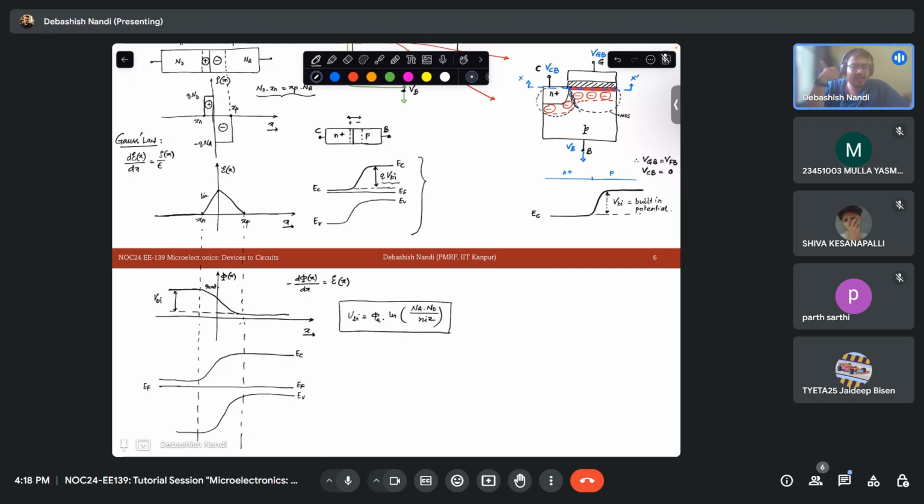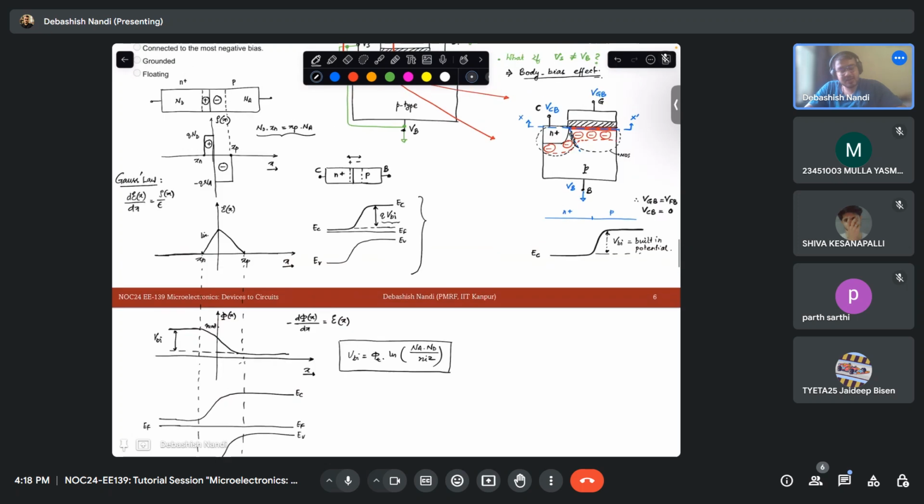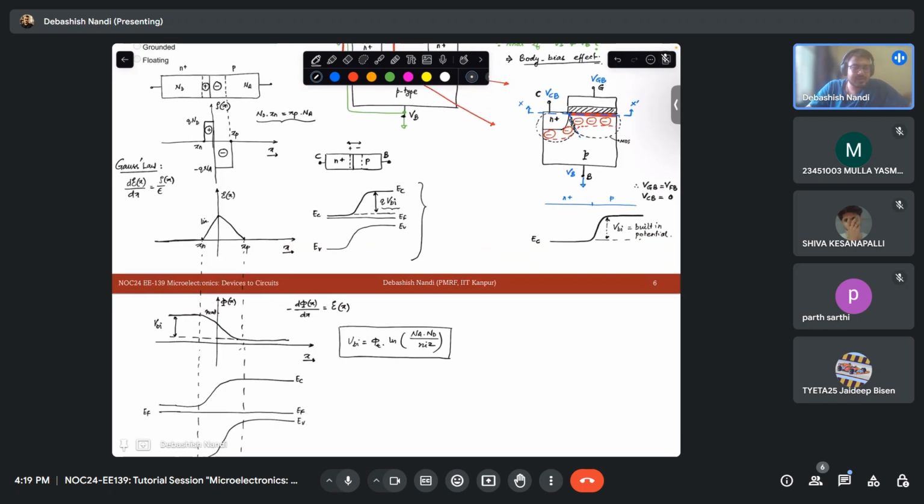How does it look? What are the built-in potentials? Otherwise it will be very difficult for you to understand advanced devices like BJTs and MOSFETs. No harm, just go back and check it again, and then come back to this lecture, and I think you will be able to understand it.